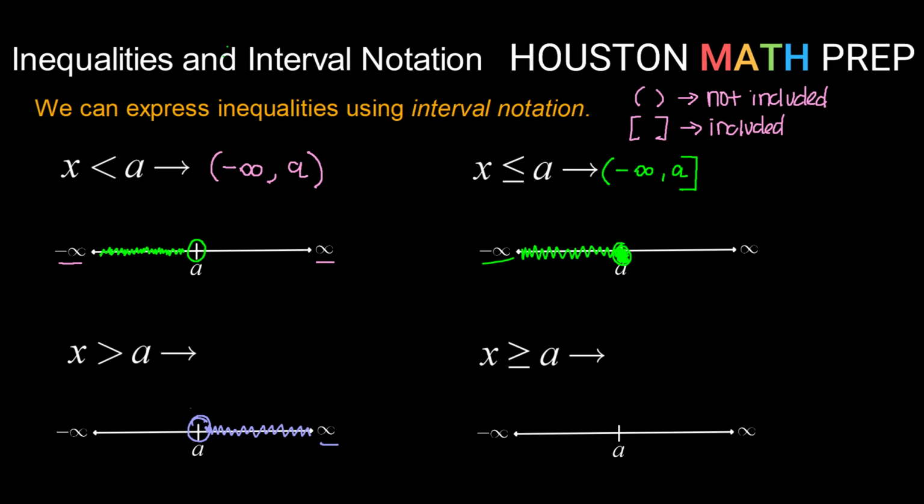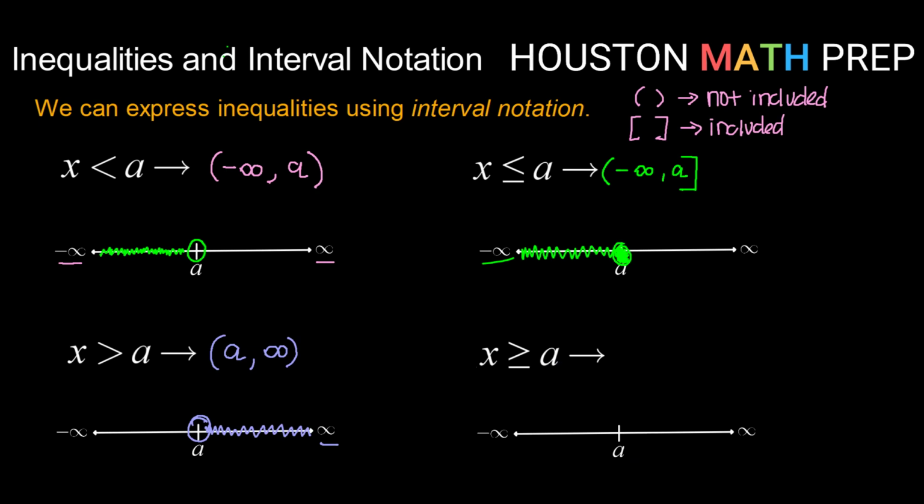On the left-hand side of my solution graph, I have a, and on the right-hand side, I have positive infinity. a has an open circle and no equal to symbol here, so we're going to close that with a parenthesis. And the same way that we can't include negative infinity because it is an idea, we cannot include positive infinity. So we're going to close that one with a parenthesis.